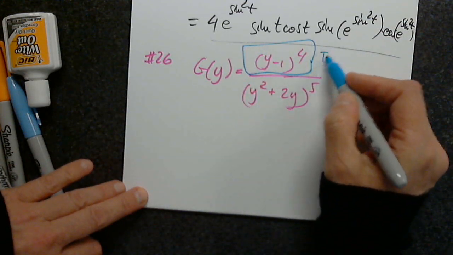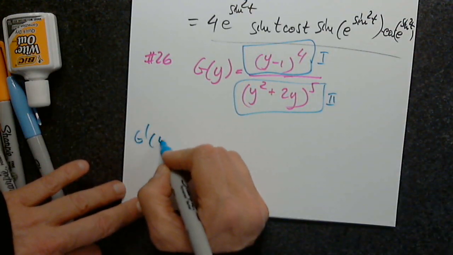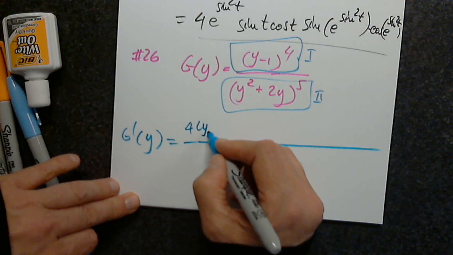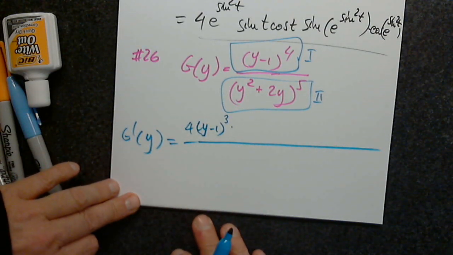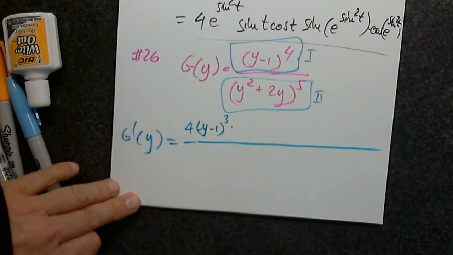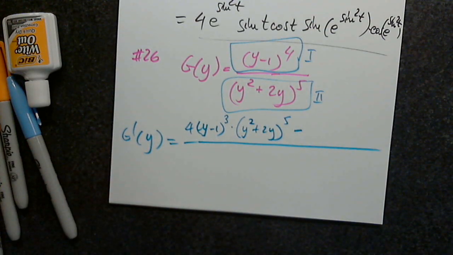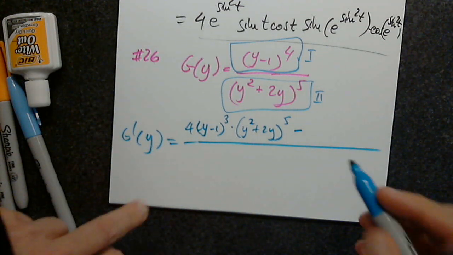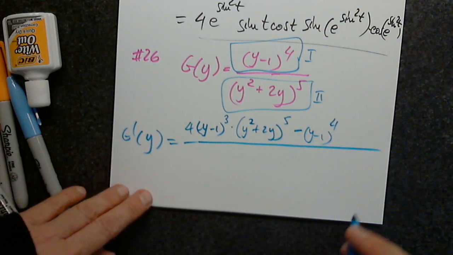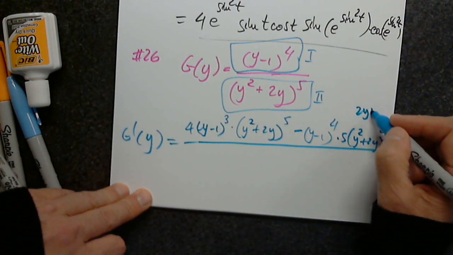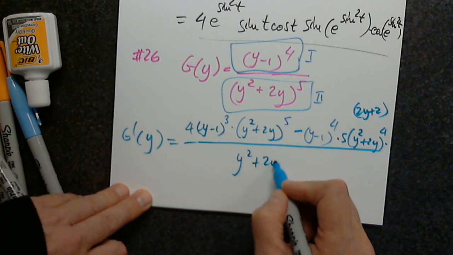So this is function 1, and this is function 2. So g prime of y: top function prime, 4 times y minus 1 to the 3rd power, times the inner function prime, y minus 1 prime, which is 1, times the denominator y squared plus 2y to the 5th power, minus y minus 1 to the 4th power, and then times 5 times y squared plus 2y to the 4th, and times 2y plus 2, over y squared plus 2y to the 10th.